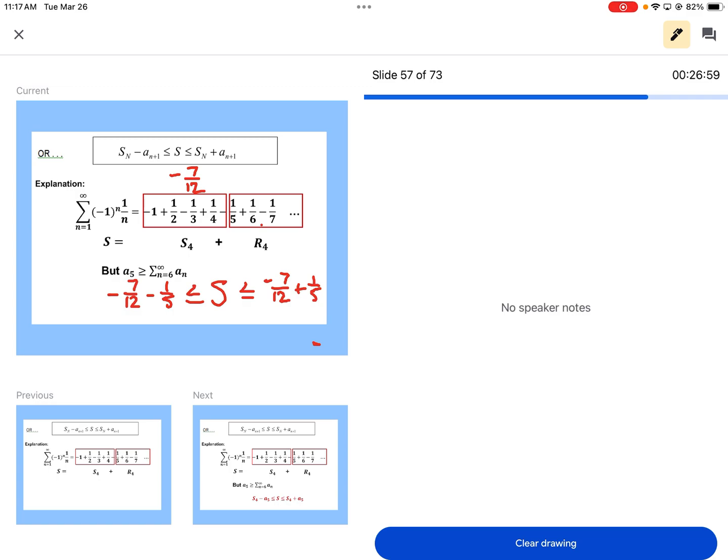So that's not maybe that accurate for us. Maybe we want our error to be even less than that. So the way some of these questions are worded are for you to look at this series and decide how many terms you have to go out to have your error be less than a certain amount. So you have to keep looking at the next terms to decide how small you want it to be.